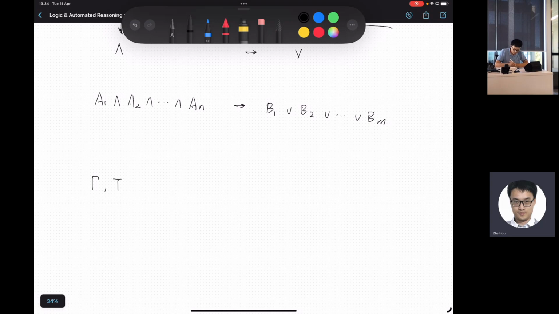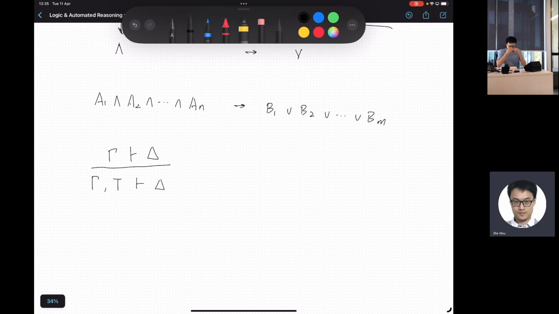If you have truth on the left-hand side, and delta is another set of logical formulas, it's the same as having just gamma and delta. Because something and true is the same as saying just that something. So and true doesn't tell you much.